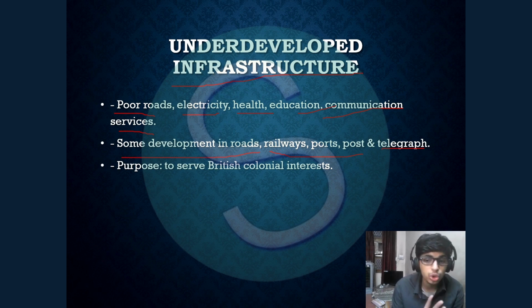They were having trade in the country and had to sell their goods, so they needed railways, roadways, ports, posts, and telegraphs. That's why there were just certain developments, nothing more.